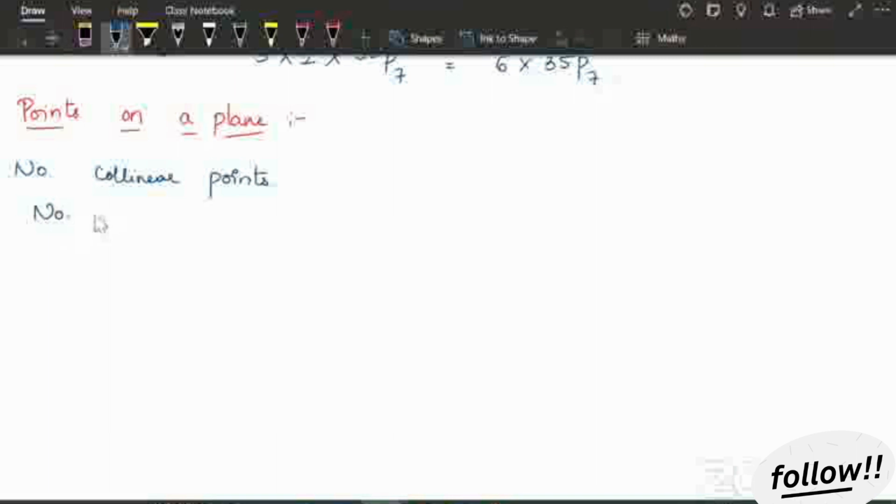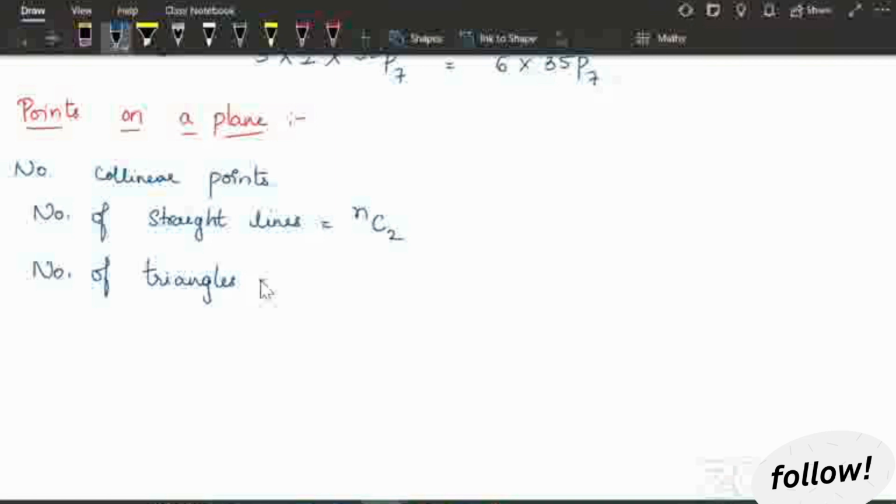So the number of straight lines that can be formed is, there are n points, and you need to select 2 points. That gives you the number of straight lines, nC2. Or they might ask the number of triangles that can be formed. How many points do you need to form a triangle? 3 points are required, right? So nC3 gives you the number of triangles that can be formed from the given n points. This is if no collinear points have been mentioned.